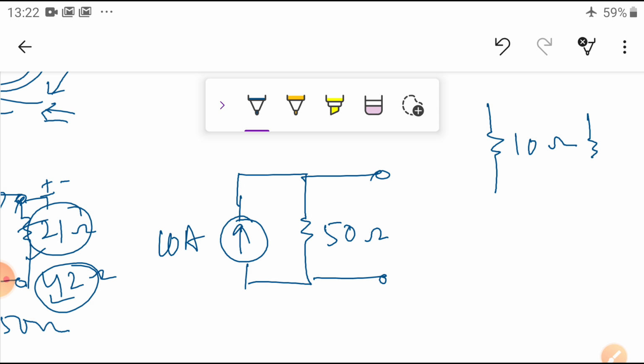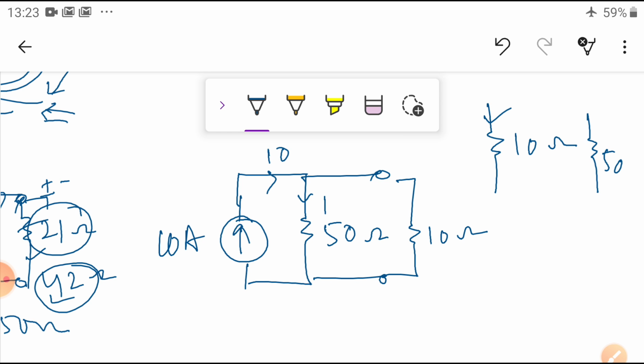Another table I require, suppose, 50 ohms. If I connect the first terminal, that is equal to 10 ohms. How are you going to calculate? Because 50 and 10 are connected in parallel, I can find the current here, 10 amps.